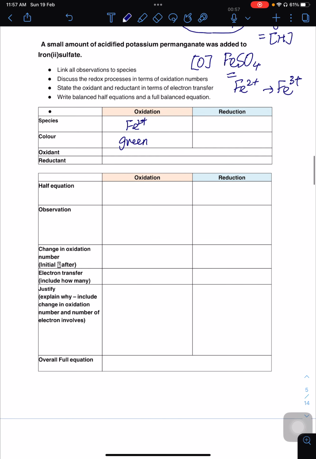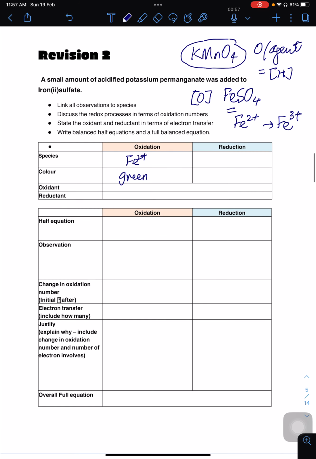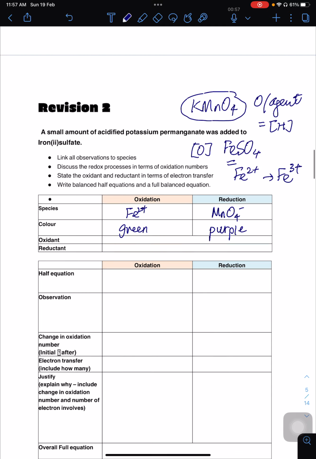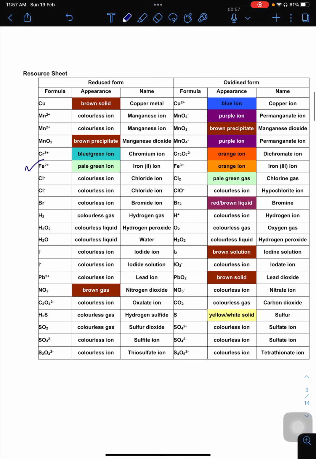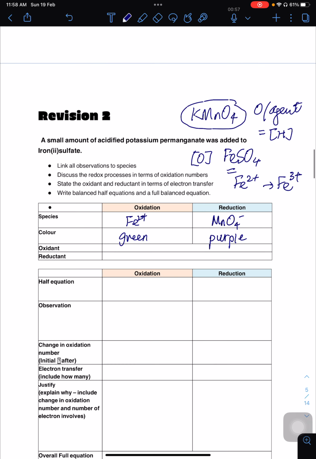The one that undergoes reduction will be the permanganate ion, MnO4-, and the original color is purple. If not sure, refer to page 2. So you have permanganate as purple colored ions.